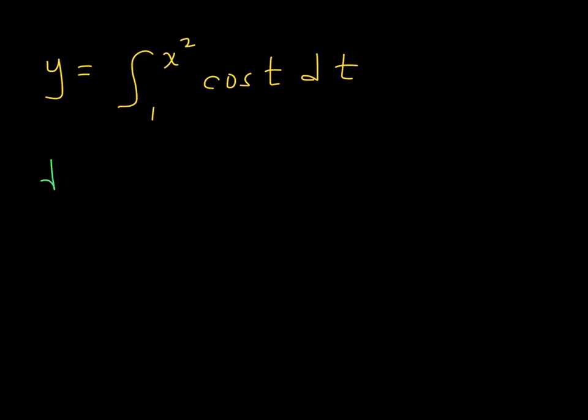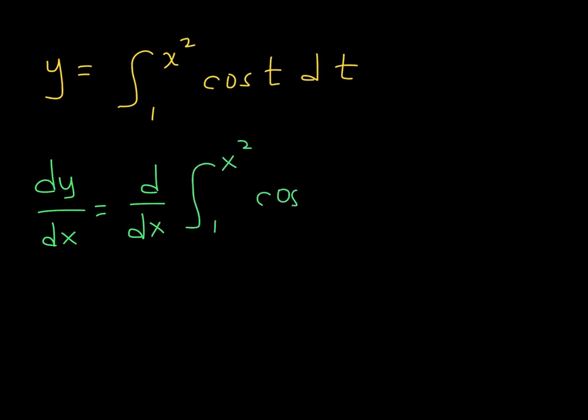So let's do it. dy dx is equal to d dx of the integral from 1 to x squared of cosine t dt. Now, according to the fundamental theorem of calculus, this is equal to, all right, here we go, cosine of x squared, and then we must also take, remember the chain rule, the derivative of the inner function.